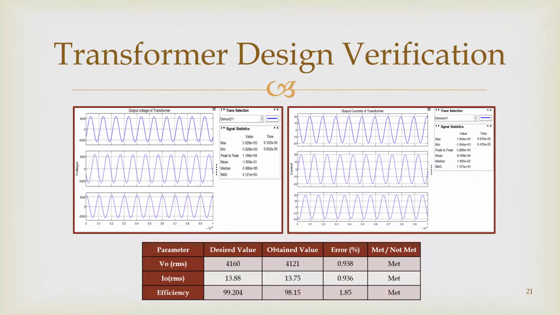Then we moved to Simulink and modeled our transformer according to the calculated equivalent circuit parameters. We obtained a line voltage of about 4.12 kilovolt, current about 13.75 amp, while the efficiency was 98.15%. And we accepted the result since the error is less than 5%.